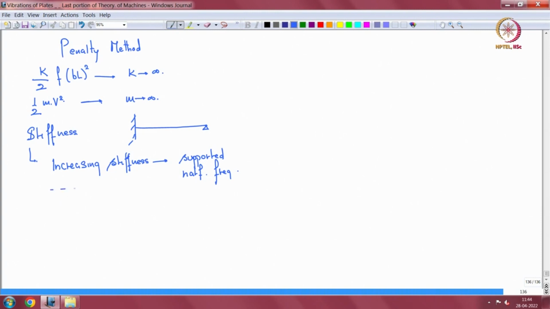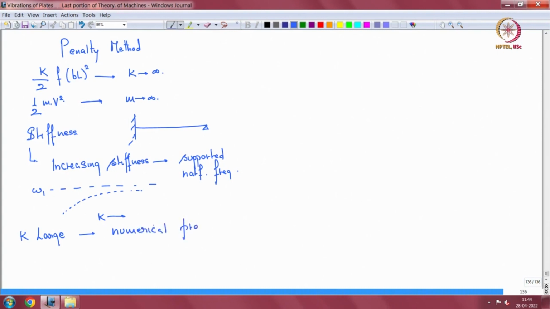Suppose this is omega 1, and as I raise my stiffness, the value is approached from below. Of course, if k is too large, you can have numerical problems, just remember that.